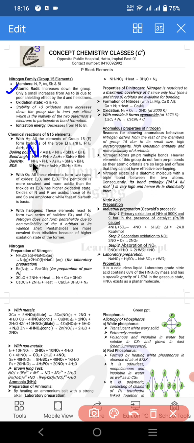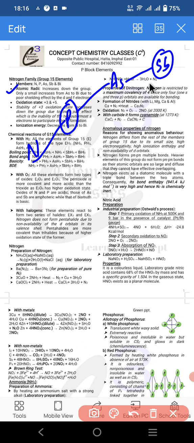From nitrogen to phosphorus, the increase in size is very large, while from phosphorus to arsenic, the increase is slightly less. From arsenic to antimony, again the increase is less, and from antimony to bismuth, the increase in size is again less.